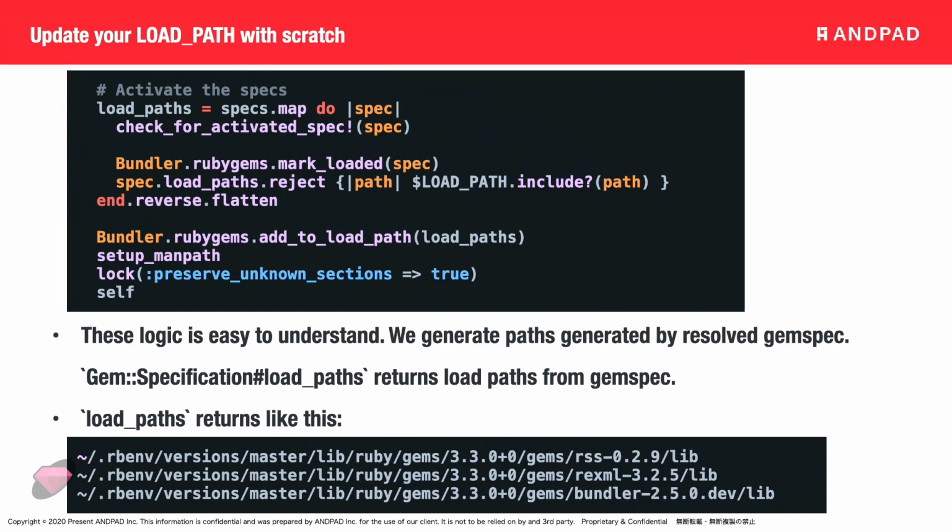So we can load the latest versions of RSS, REXML and Bundler in bundle exec. This time, Ruby only searches these three paths and the Ruby system paths, because it's faster to load them than with RubyGems.